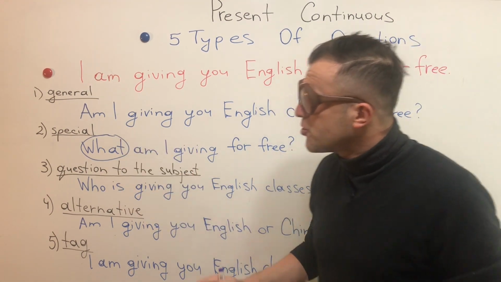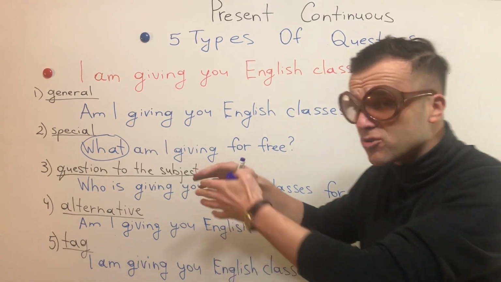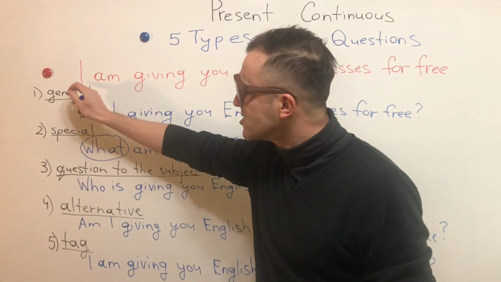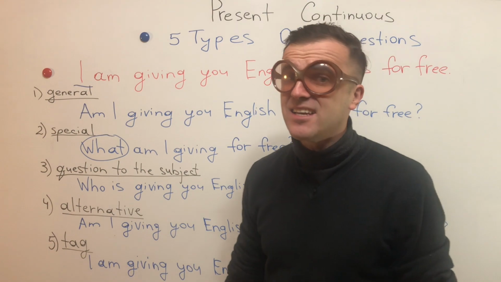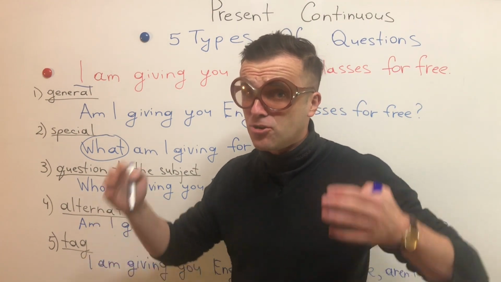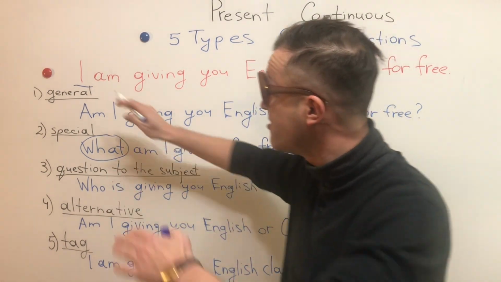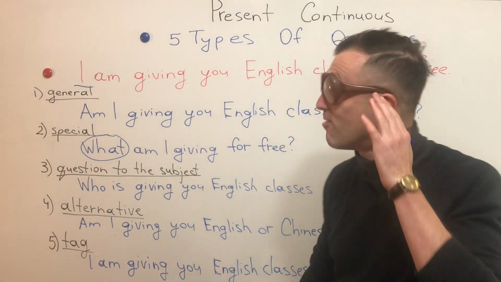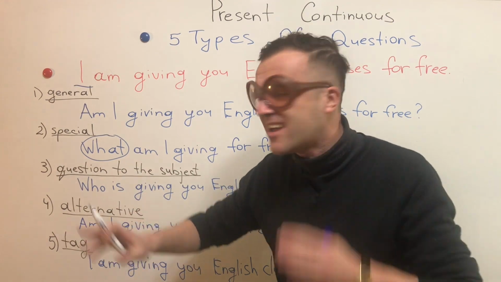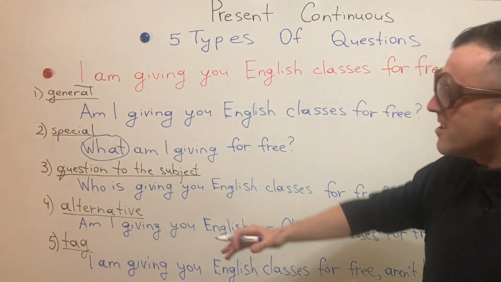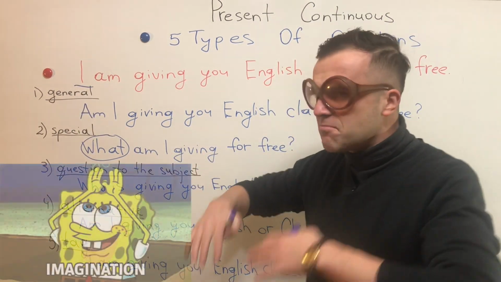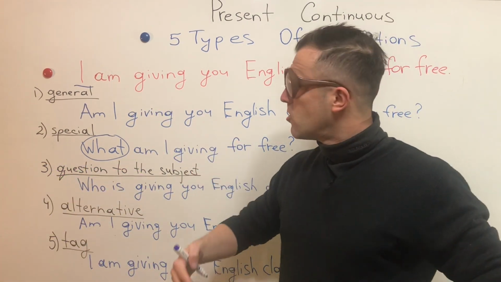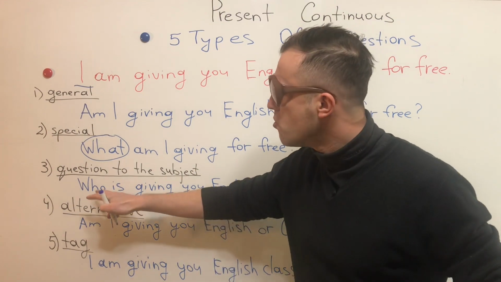Okay, so let's move on to the third question. So, question to the subject. So where is the subject, guys? Yeah, okay, so it's I. The I is the subject. And we have to make up a question. Imagine that there is no I. Oh, no, it's this I, not my I. So, now, let's imagine that there is no I and we need to ask not what, but who.